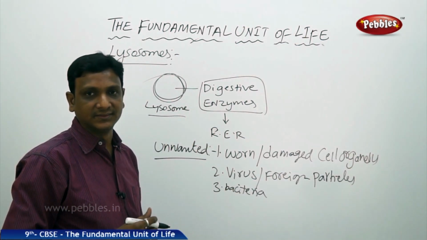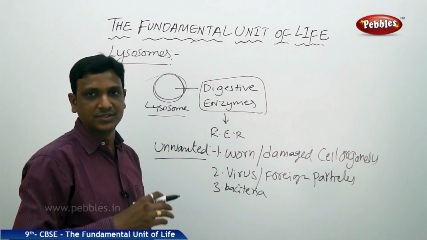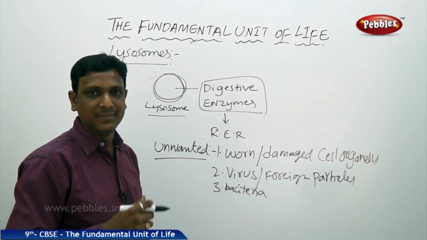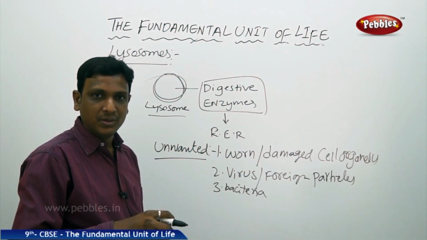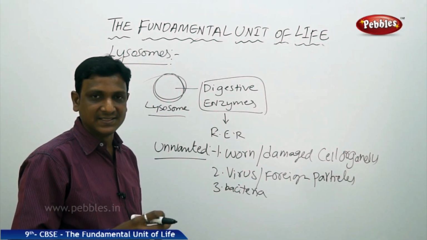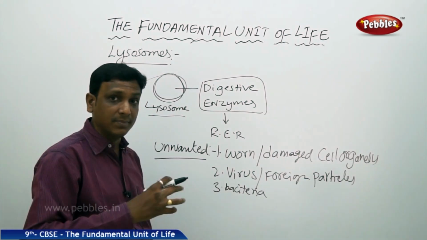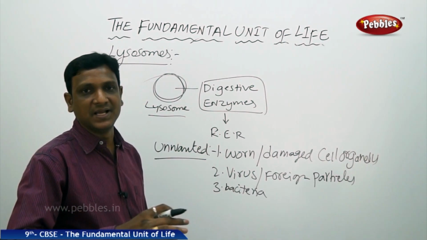In certain circumstances, in a specific situation like when a cell is damaged, if this damaged cell exists in the tissue, it will spoil the environment. So when a cell is damaged, these lysosomes burst and they digest the contents. They clean up the area.